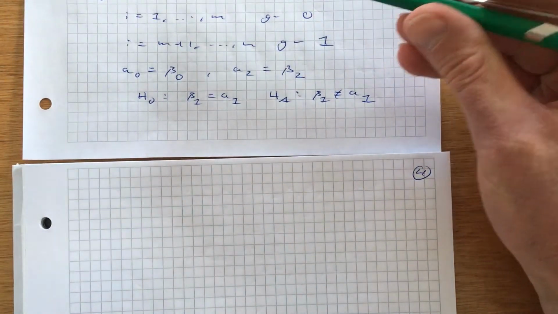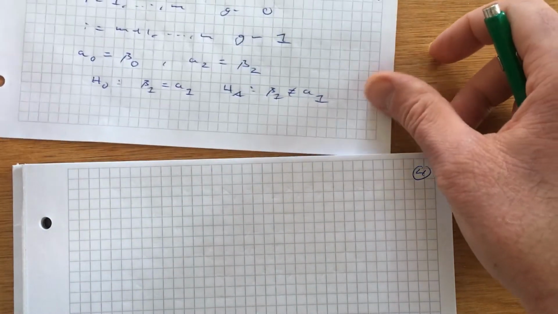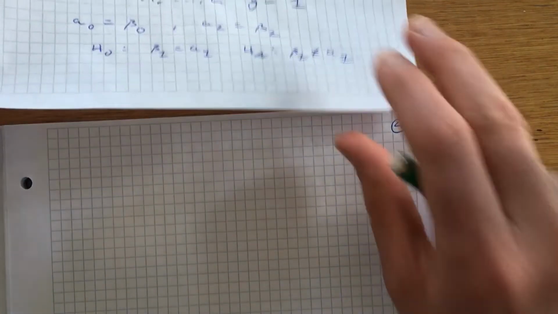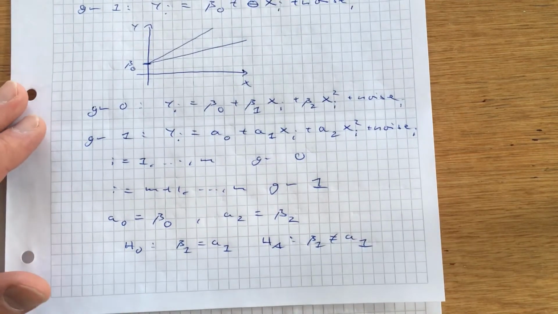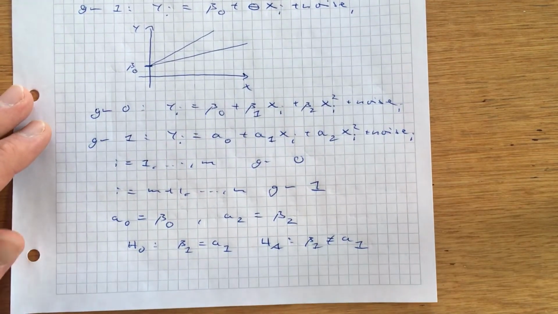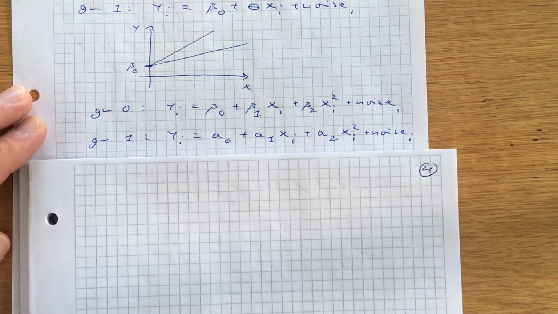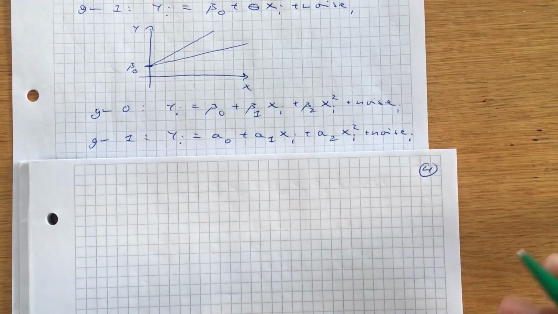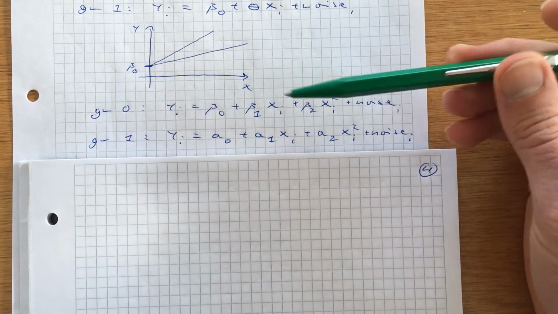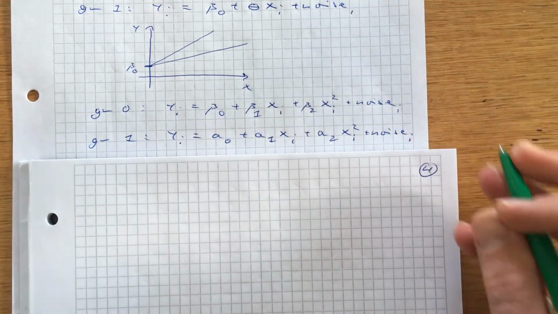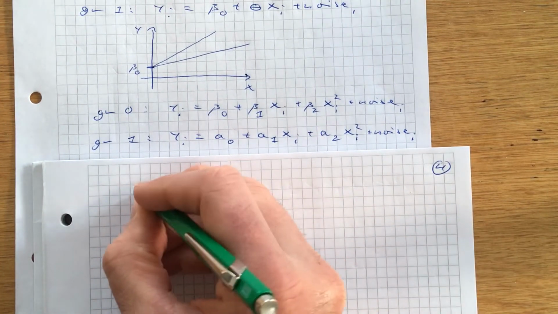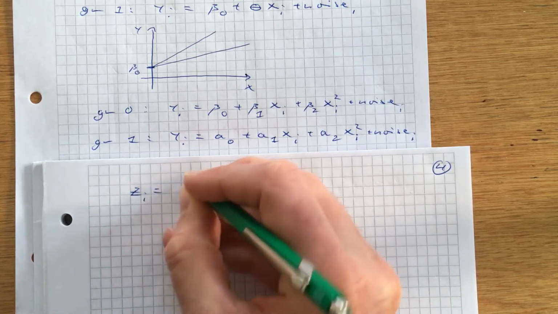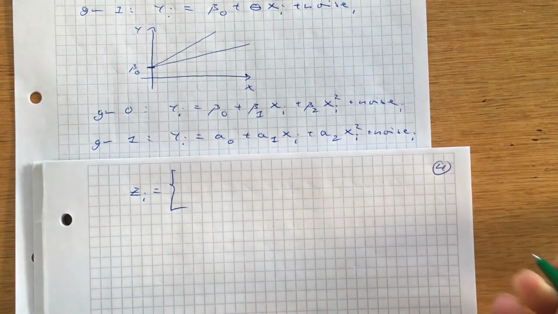So let's try then, since we know how to fit models with interaction terms in R, we would like to write this model as a model with interaction terms. To do that, we can introduce a new variable, and you can make a new variable in R. So let's introduce our variable z again, which is the indicator for the group.